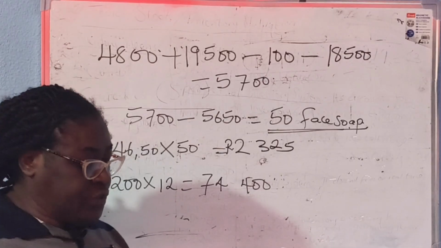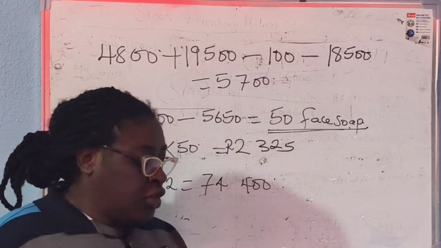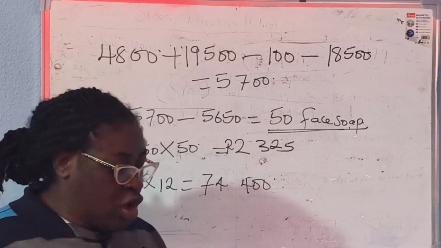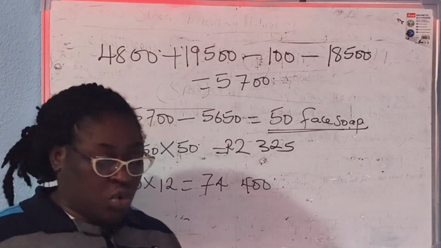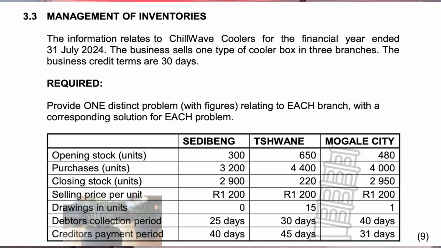Now we move on to the question on management of inventory, 3.3. The information relates to Chill Wave Cooler for the financial year ended 31st July 2024. The business sells one type of cooler box in 3 branches.